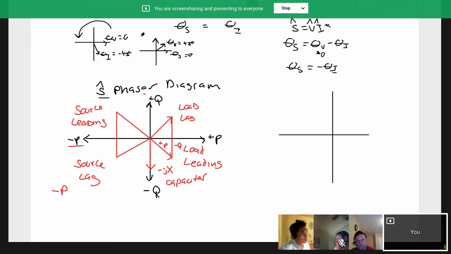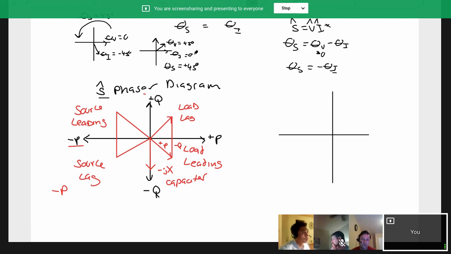Theta S is positive 45 degrees. And over here, theta S is still positive 45 degrees.